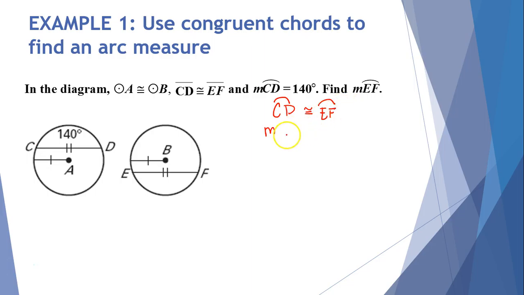The measure of arc CD is going to be equal to the measure of arc EF, which is 140 degrees. And that's all there is to that one.